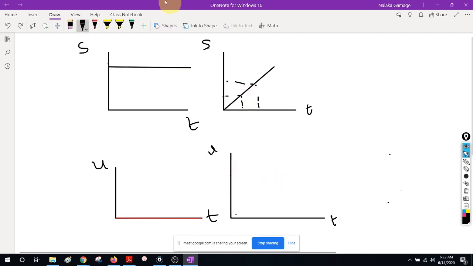So I will take the other ink. My velocity graph is in red, something like this. Now you can see the rate of change has a value. Earlier the rate of change was 0. Now we have a rate of change value, it can be 1 or 2 or whatever.